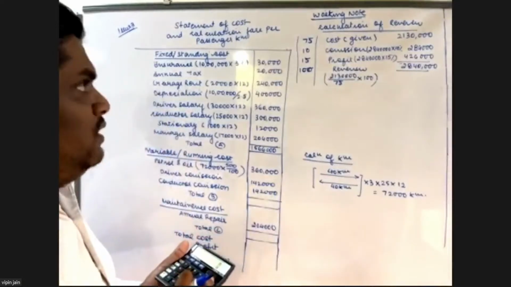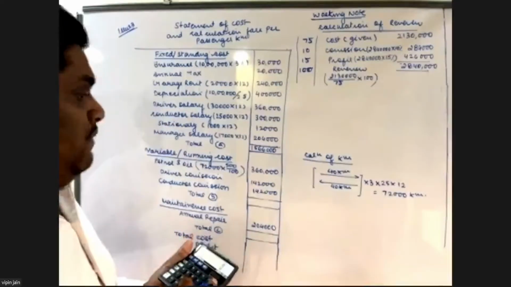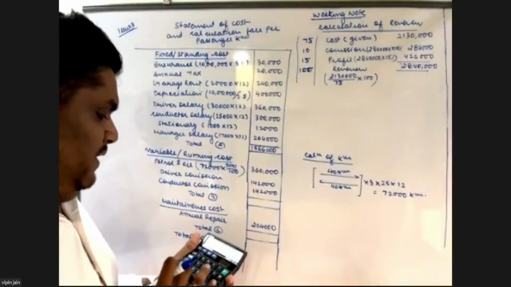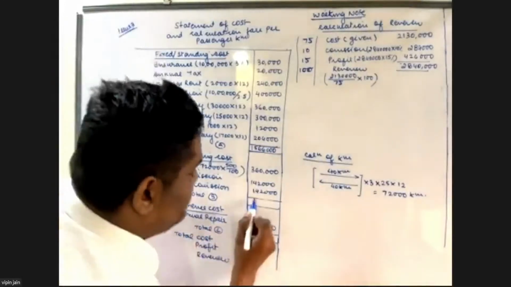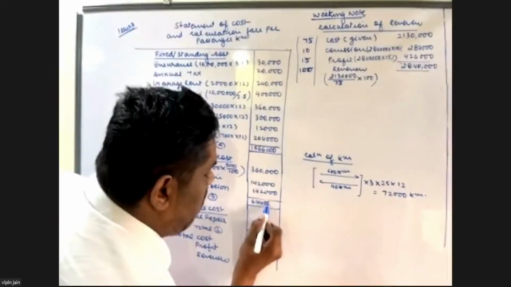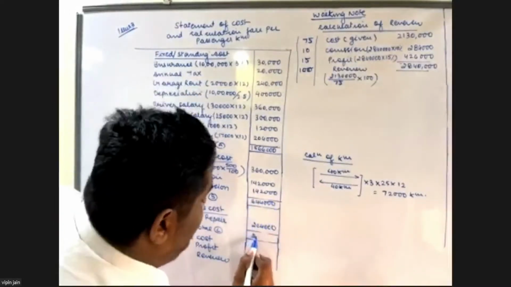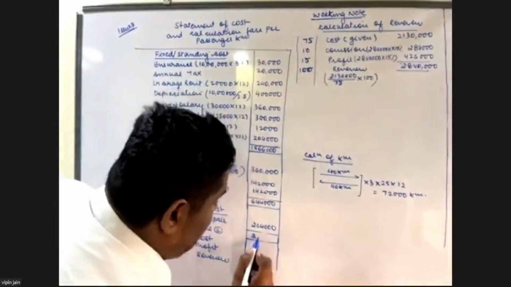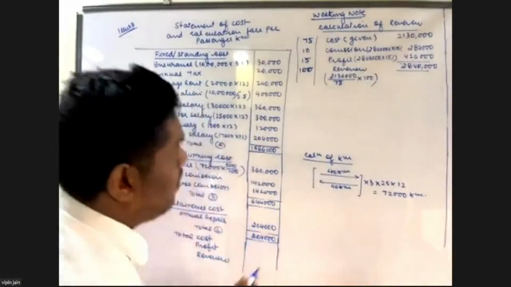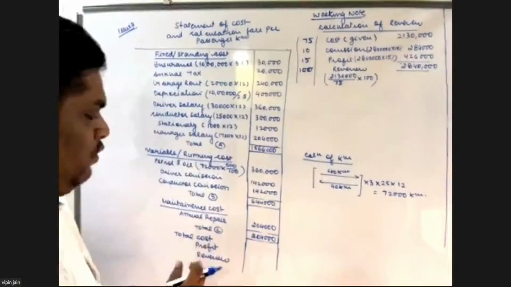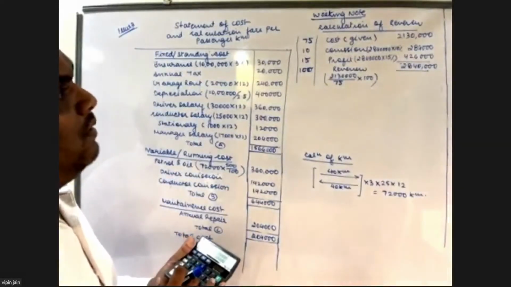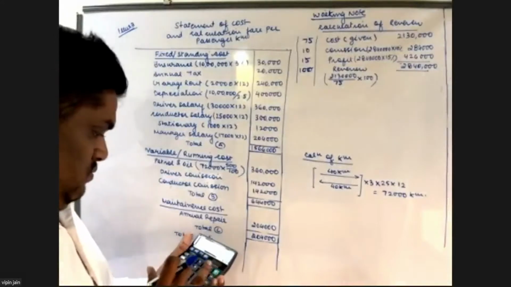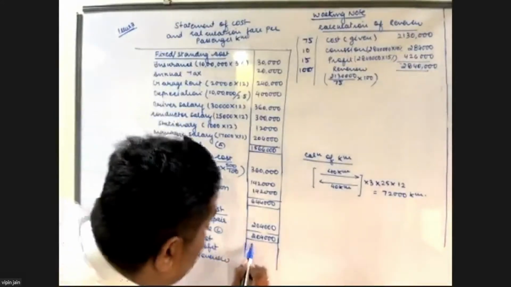So my variable cost will be 360 plus 644. This will be 2,04,000. And the total cost will be how much? 24,14,000.